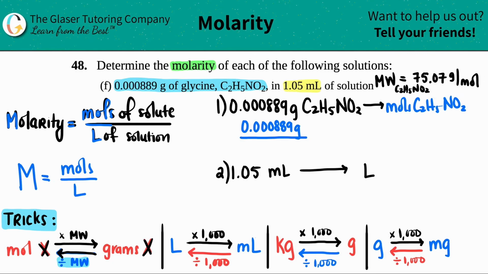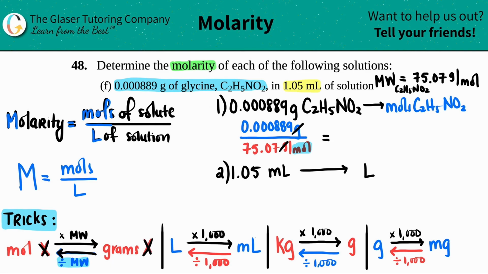So all we have to do is take the grams that we have and divide it by the molecular weight that we just found. So I'm going to divide by 75.07 grams per mole. That's the unit for a molecular mass or molecular weight. Now look, the grams cancel, and you're just left with the unit of moles. That's why when you do this, you get moles.